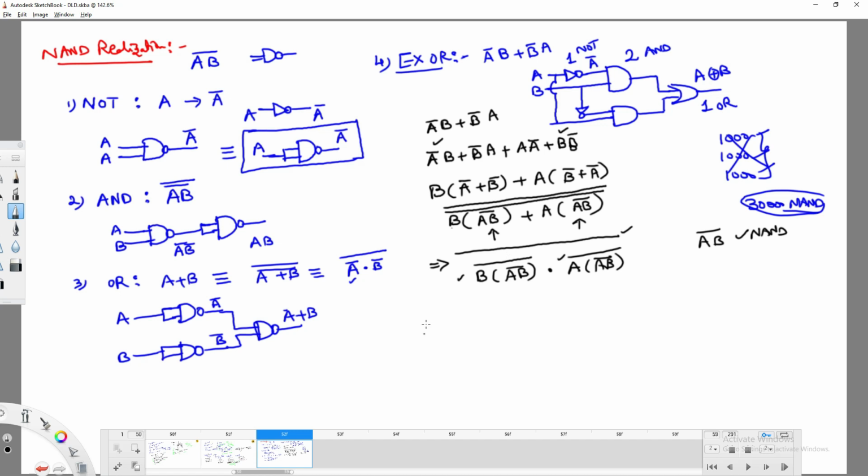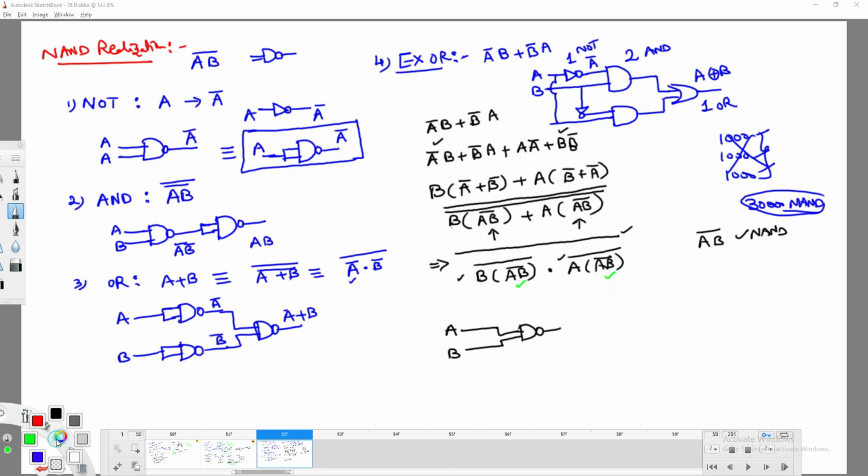This is the simple way. So what you can do now, take two inputs A, B. Those two inputs I am giving. First I am going to get AB complement. Is this AB complement done? Yes.